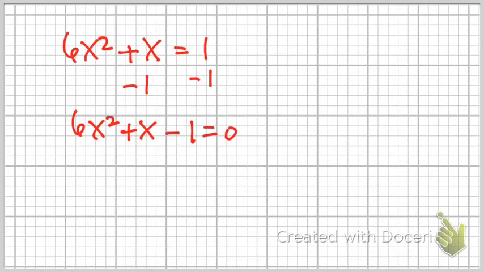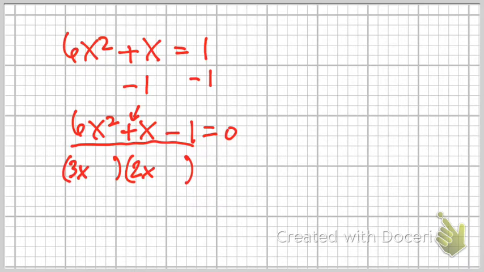Just like the previous problem, we'll have to factor this side here. I set up two sets of parentheses. And I realize 6 is composed of a 3 and a 2, or it could be 6 and 1. So I play around with those numbers a little bit. There's a 3x there and a 2x there. I have to notice that the middle term is a 1x, and it's positive.